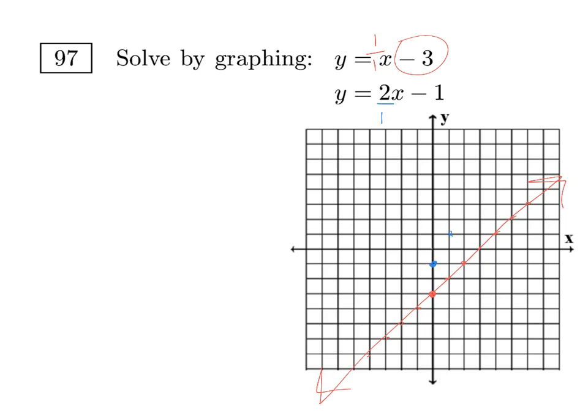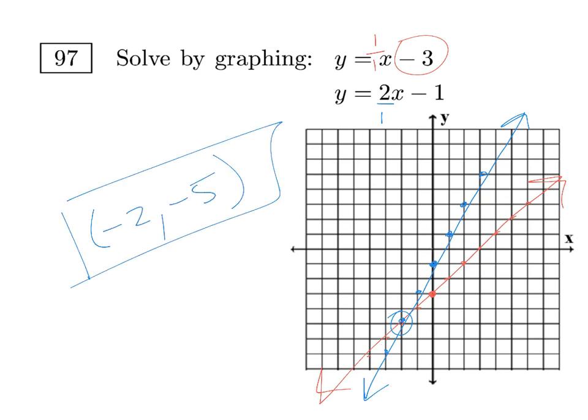So I go up 2, right 1, up 2, right 1, up 2, right 1, down 2, back 1, down 2, back 1, down 2, back 1. Alright, I'm solving now. Where did they intersect? Right there. That's -2, -5. That's my solution right there, where they intersect.